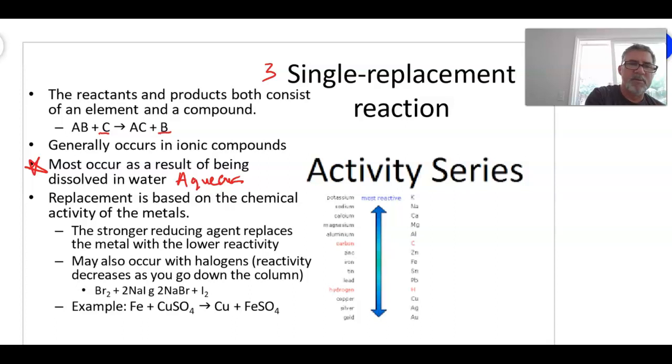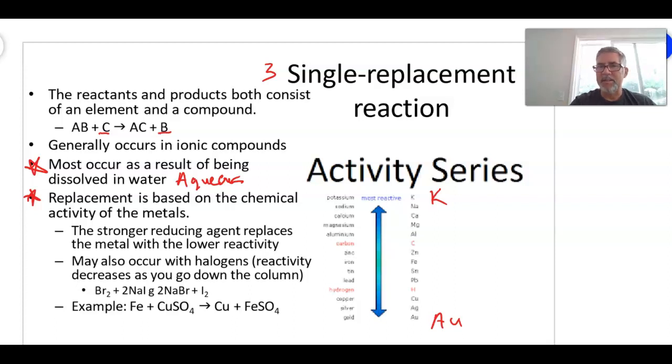If it's metals, it's based on what's called the chemical activity of metals. The activity series, for instance, is here at the top. We'll find potassium. At the bottom, we'll find gold. And what it says is potassium is more active than gold.